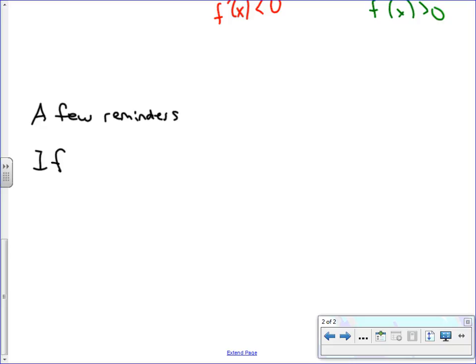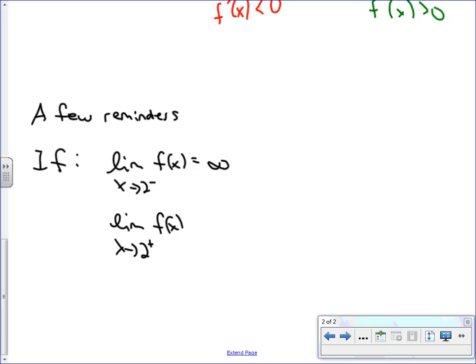If I tell you that the limit as x approaches 2 from the left of the function is infinity, and I tell you that the limit as x approaches 2 from the right of the function is also infinity, then what conclusion would you draw about the graph?